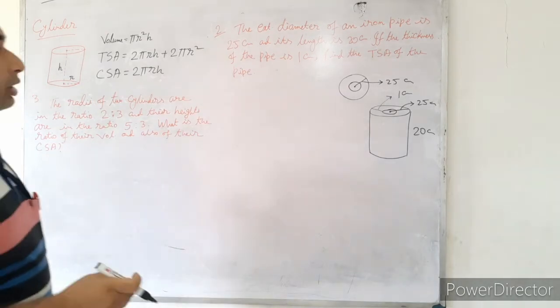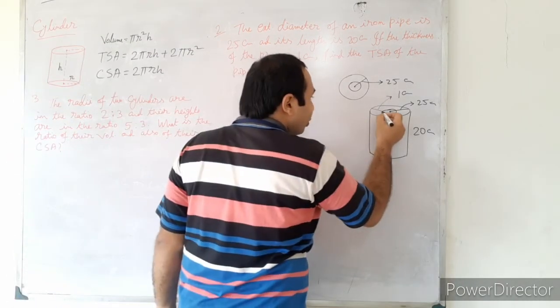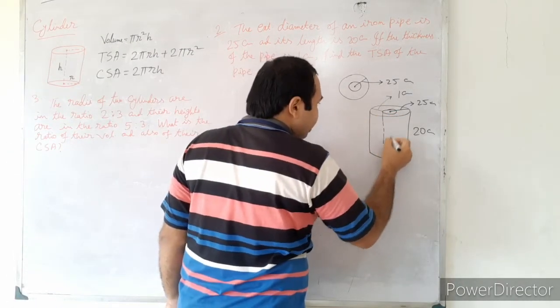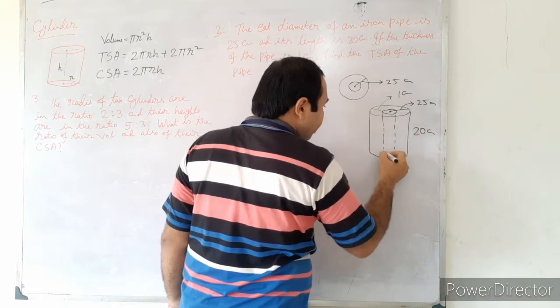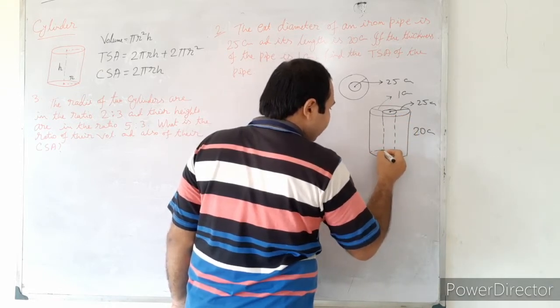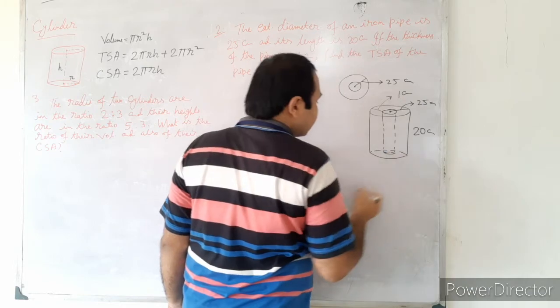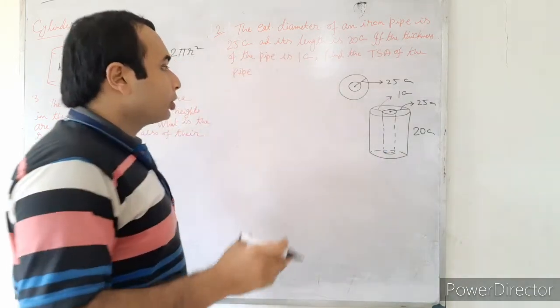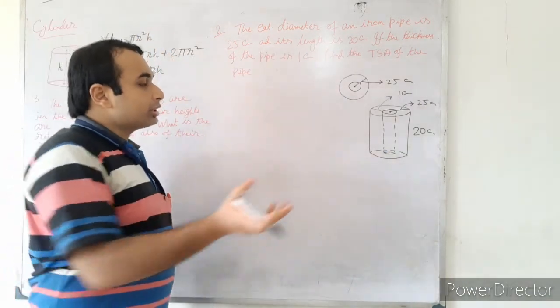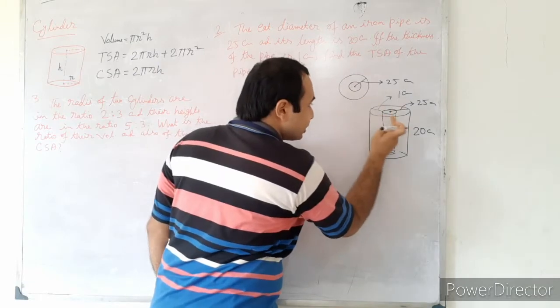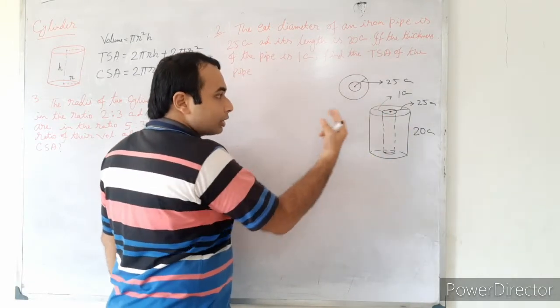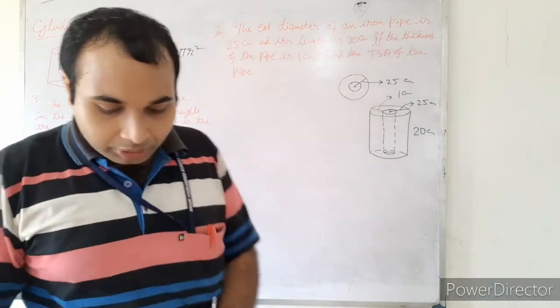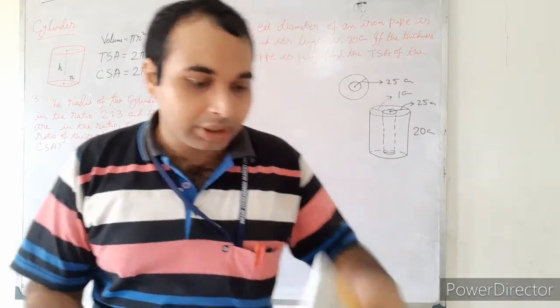So students, see, this is the hollow part of the pipe. So the total surface area means at the inner position, this is also a surface area. There one surface area is there. If I want, I can show you like this.